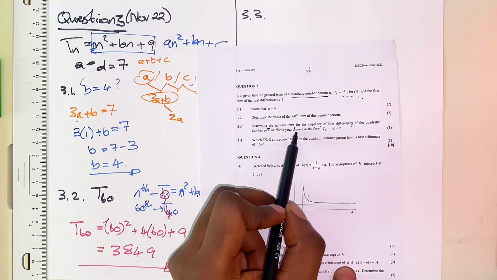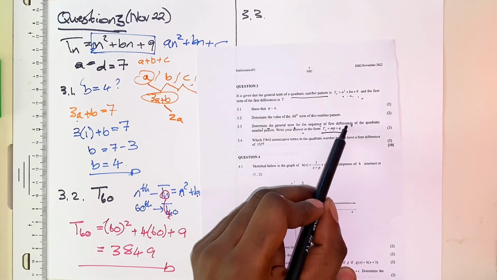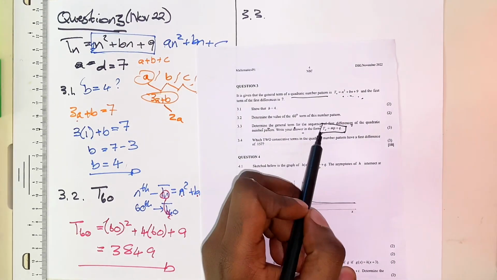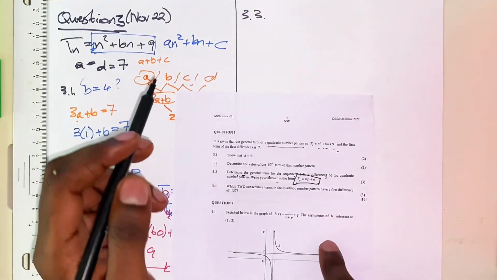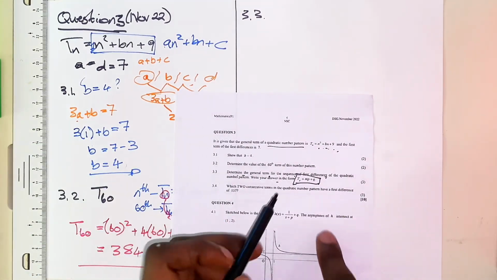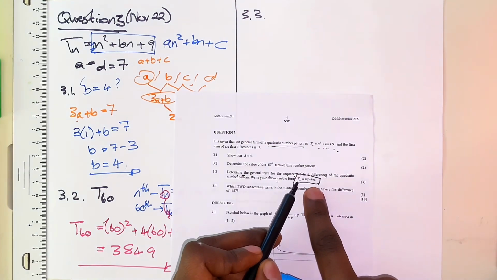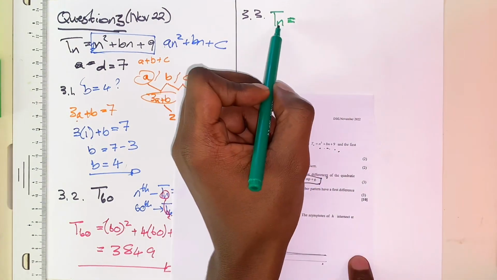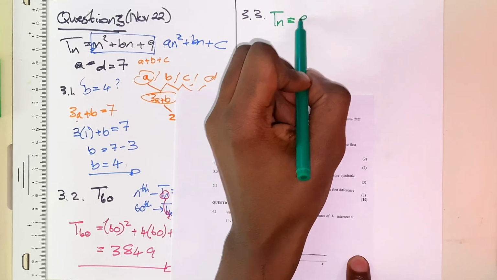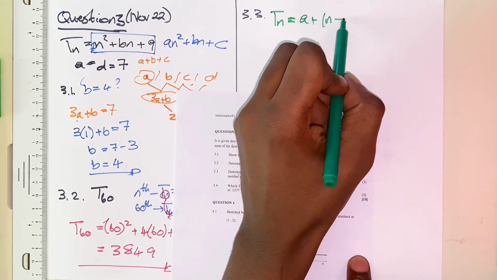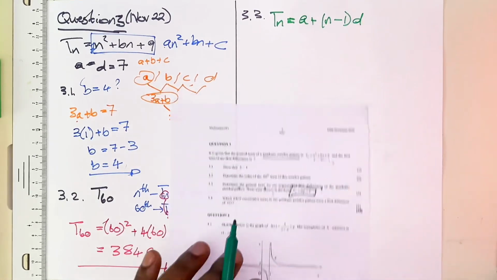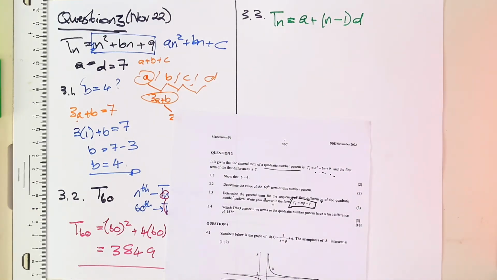Question 3.3 says determine the general term for the sequence of the first difference of the quadratic number pattern. Write your answer in this form, and this form is for a straight line. Remember that the first difference of a quadratic sequence is an arithmetic sequence. The general term for an arithmetic sequence is given by A plus n minus 1 D. So we need to find 3 things.